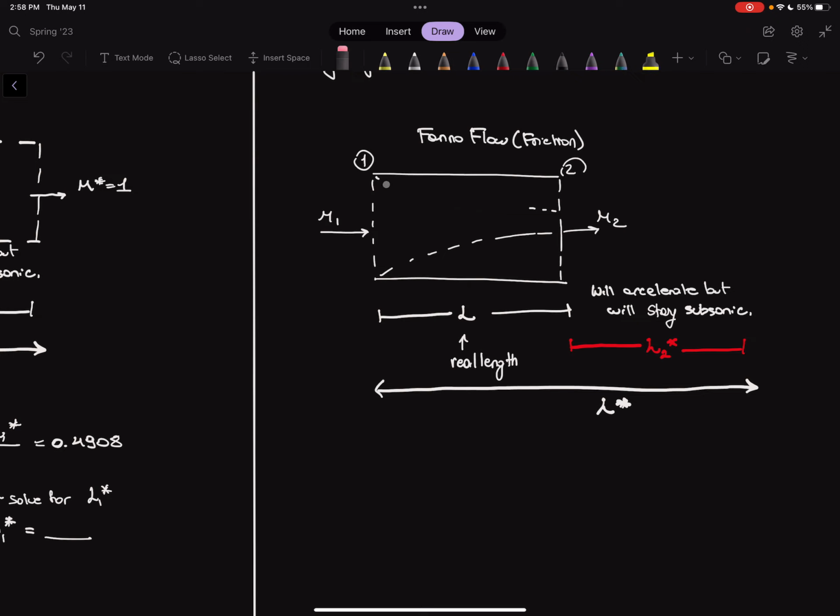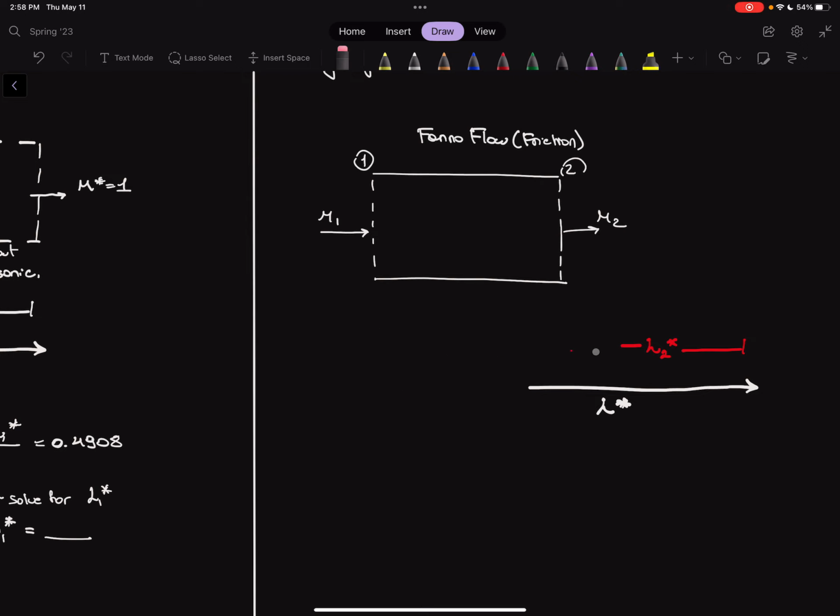For Rayleigh flow, we still have a pipe with a constant diameter, but now we assume the diameter compared to the length is big enough so that we don't care about friction effects, and boundary layer and viscous effect.